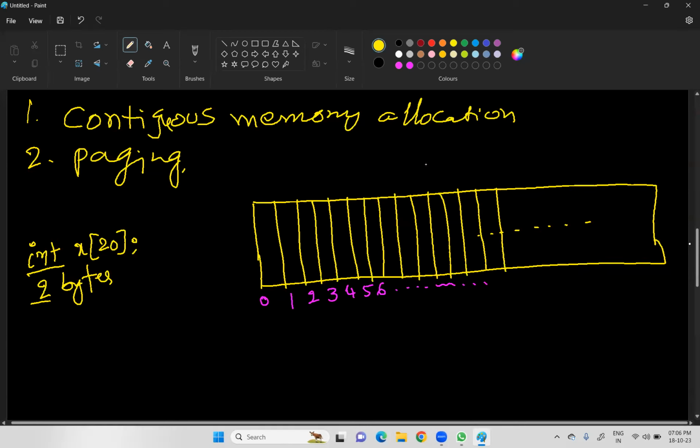Each and every index value of this x occupies 2 bytes here. Let me take into consideration this particular allocation of memory for the array.